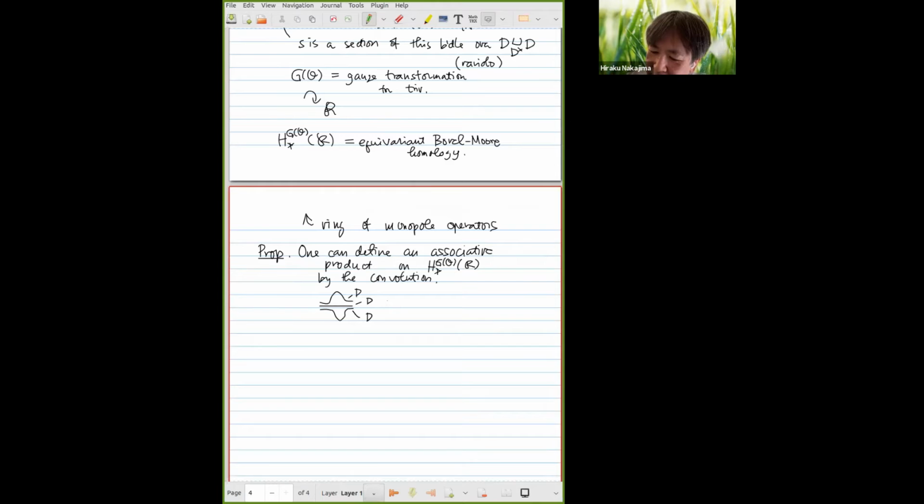Then you consider the moduli space of bundles on this one as above, the moduli space of bundles and sections. And then you have three projections to this. You just forget one of the disks from among three. So you get three ways of projecting.